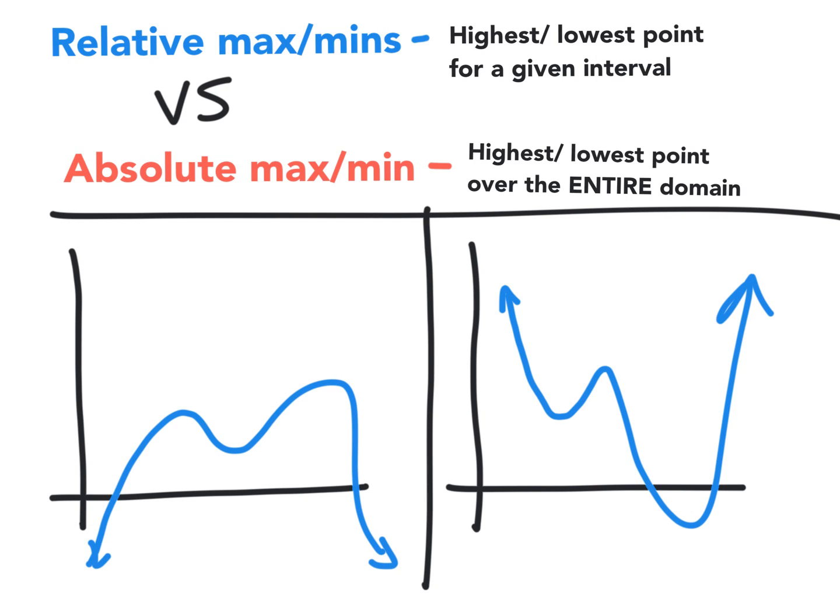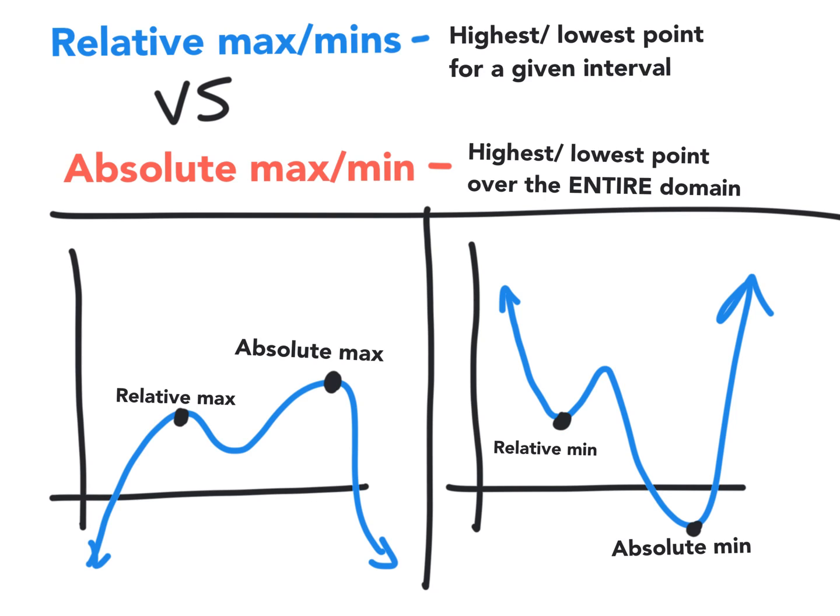Relative maxes and mins are the highest or lowest point for a given interval, whereas absolute are the highest or lowest points over the entire domain. Let's look at these graphs. In this first graph, this would be a relative max because it's the highest point right here, and it's an extremum where it changes from increasing to decreasing, but this is an absolute max because it's the highest over the entire domain.